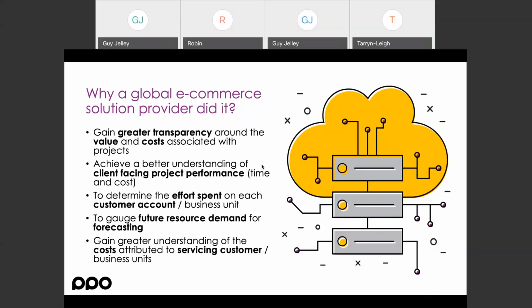There was this perception that they were always late and stuff was taking time. Because they service large organizations, there was a lot of focus on the actual effort spent on the customer account. But the key thing was really future resource demand. Because they implement their platform, and their platform has a certain number of modules and certain types of implementations, they really have a defined set of modules and project types.